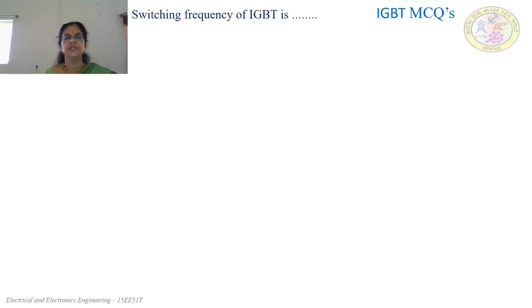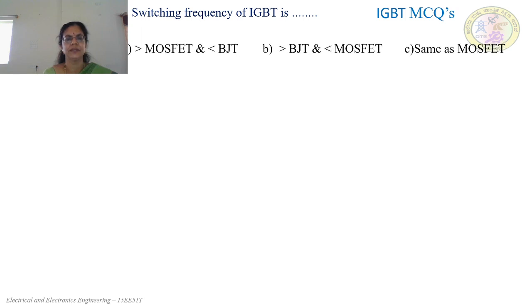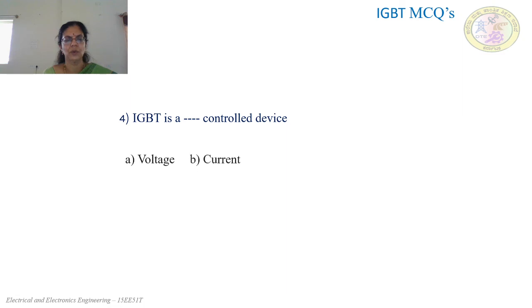Third question. Switching frequency of IGBT is greater than MOSFET and less than BJT, greater than BJT and less than MOSFET, or same as MOSFET. Solution is B. Is IGBT voltage control or current control?